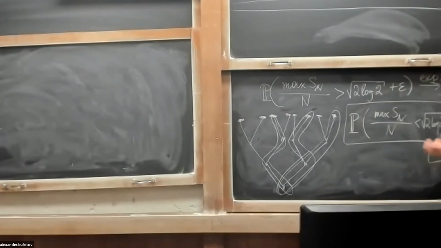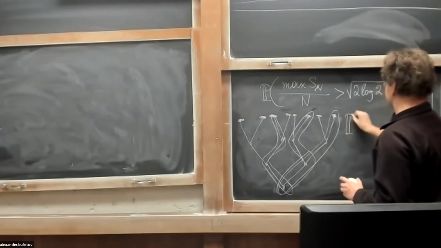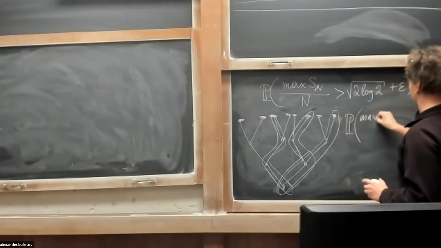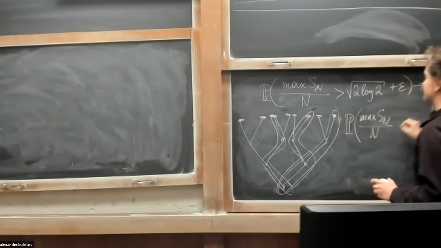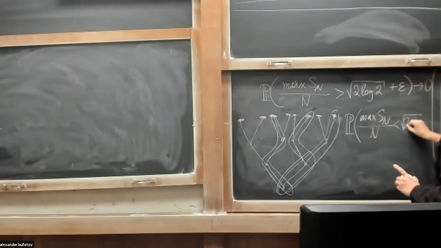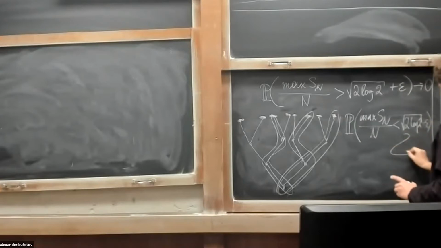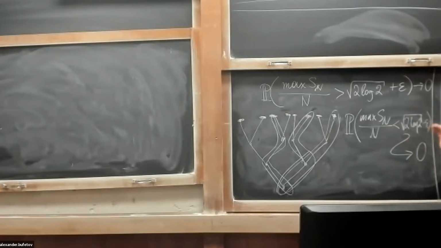So the probability that this maximum is less than the square root of 2 log 2 minus epsilon goes to 0. Again, let us recall, I just multiply and don't care about sub-exponential terms.